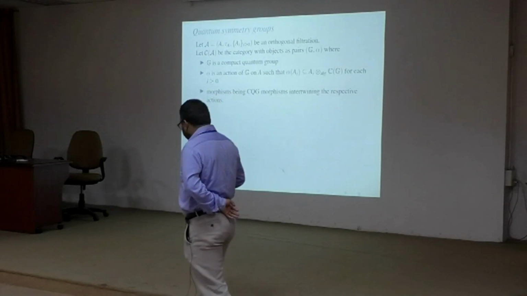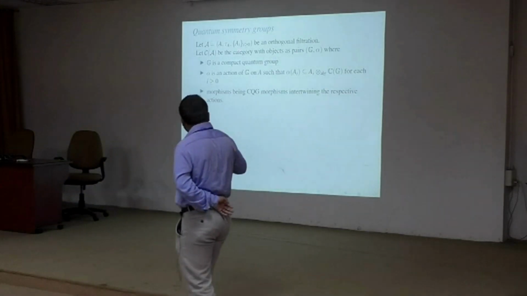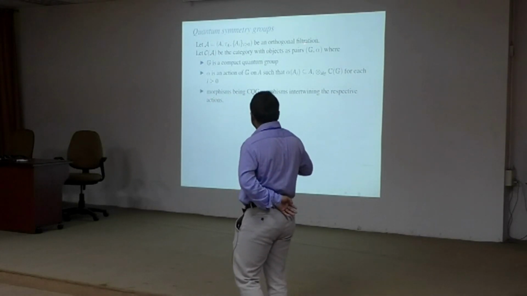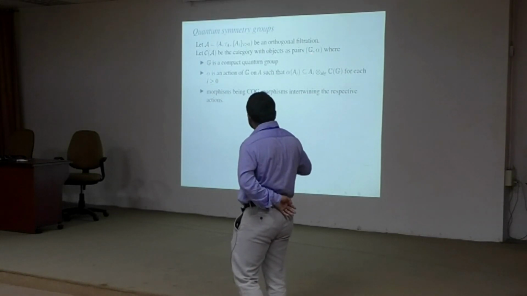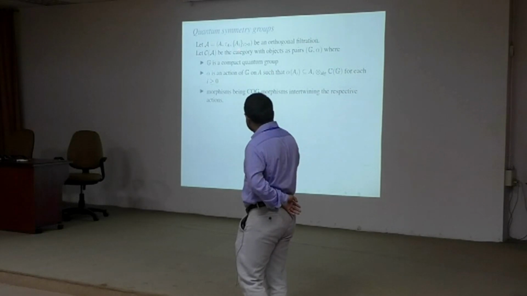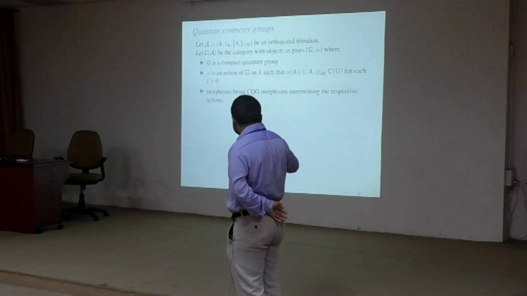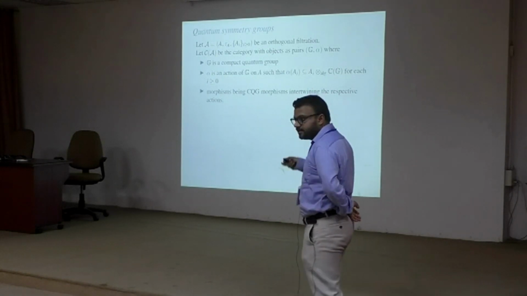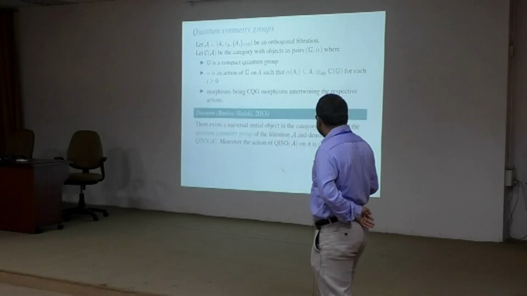Now, quantum symmetry group is a universal object of some category, and this category is the following. You fix an orthogonal filtration, and then you consider the category where the objects are pairs, where the first component is a compact quantum group, and the second component is an action of G on this C-star algebra, which preserves the filtration. Meaning, if you act on A_i, it actually stays in A_i tensor C of G. And morphisms are just CQG morphisms which intertwine the actions, in the previous sense.